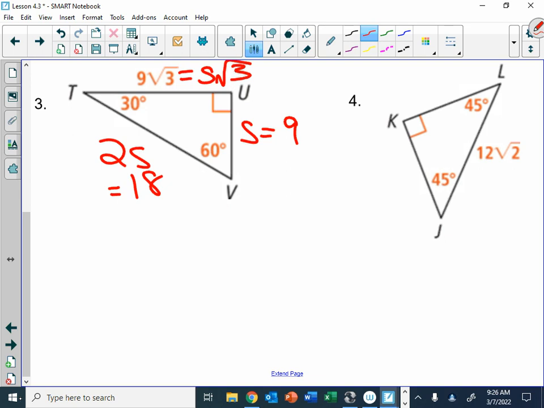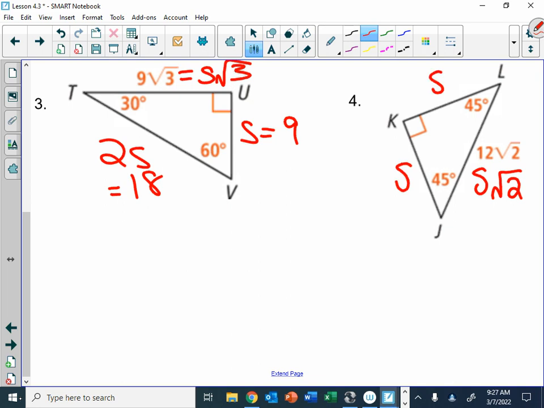Alright, and then for number 4, I am given the hypotenuse of a 45, 45, 90. What's the hypotenuse of a 45, 45, 90 labeled as? S square root of 2. Okay, your legs are labeled as what?